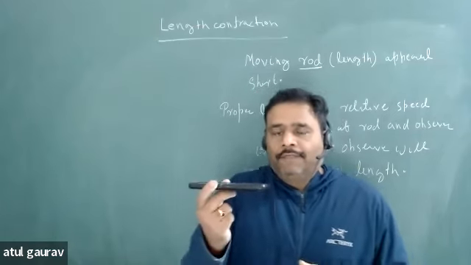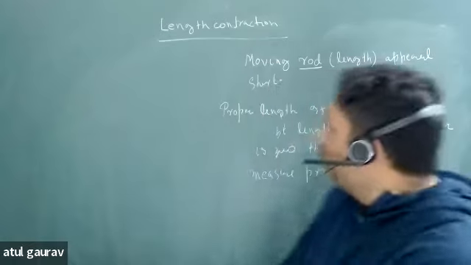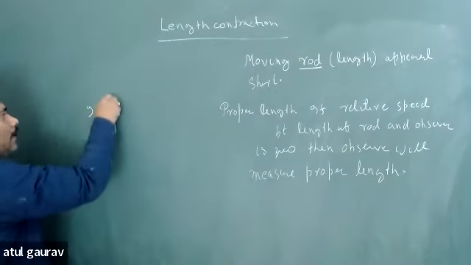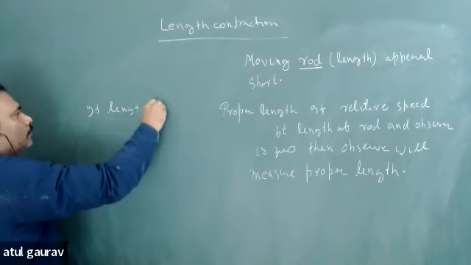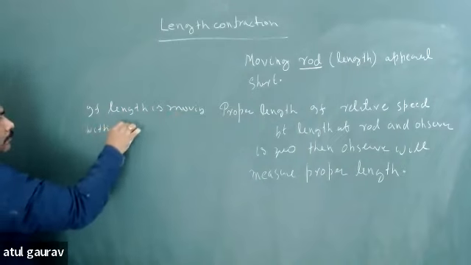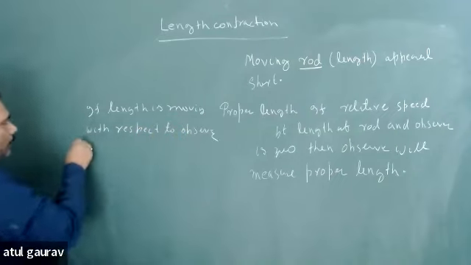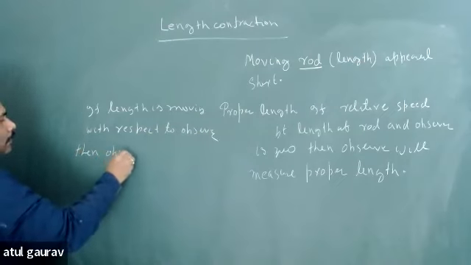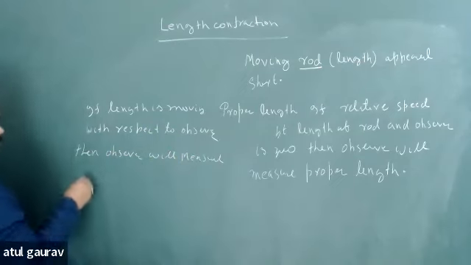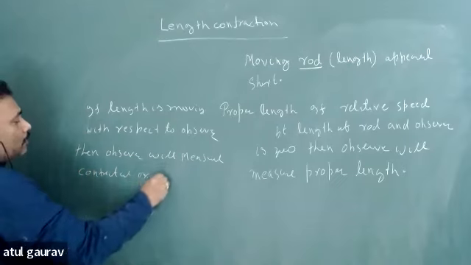But if the length is moving with respect to an observer, then the observer will measure a contracted or shorter length.